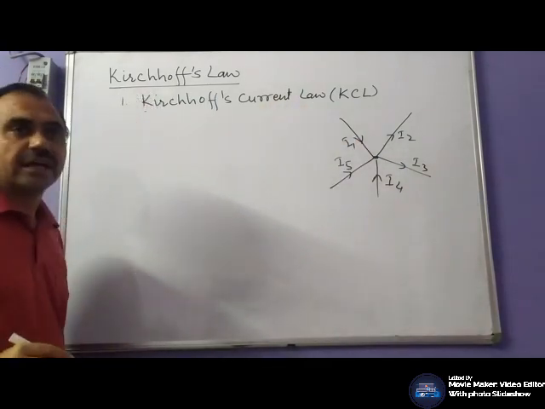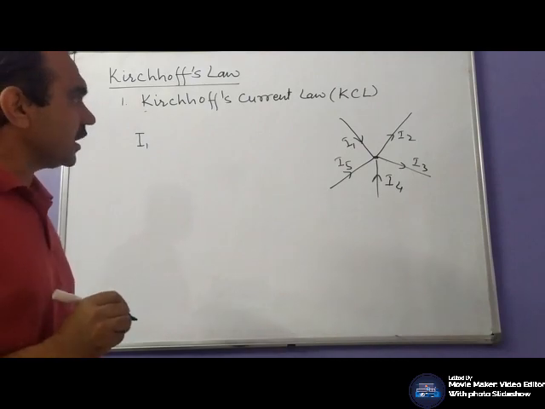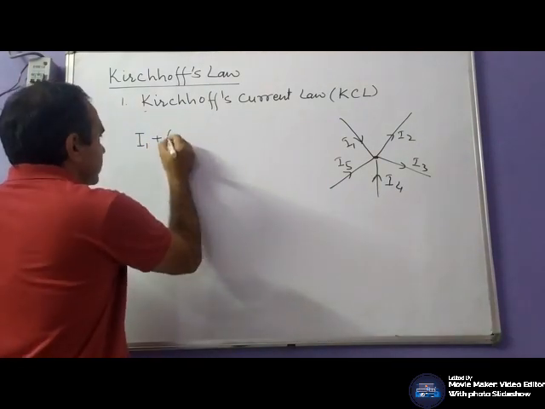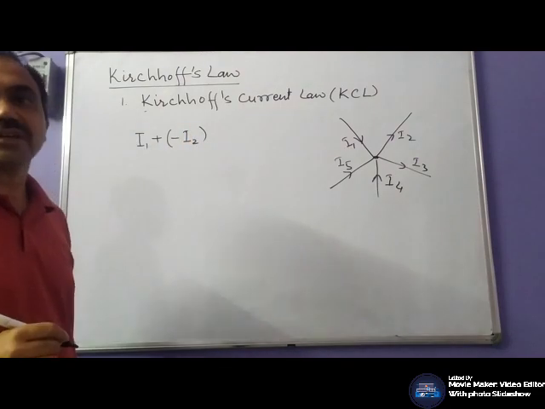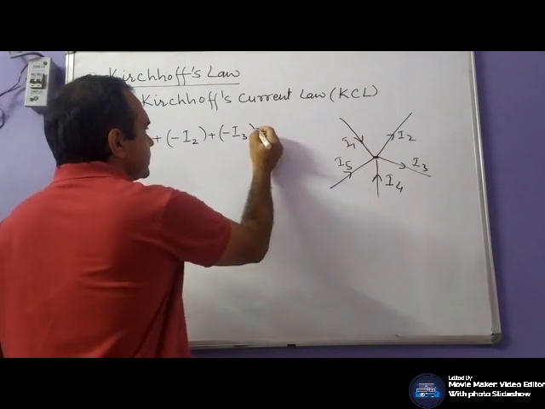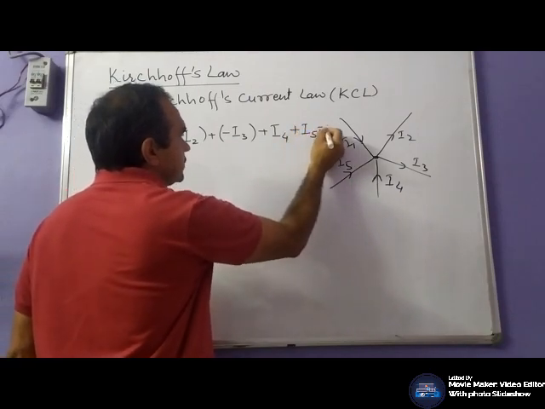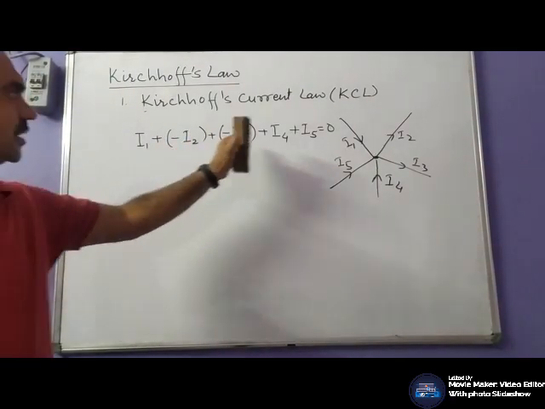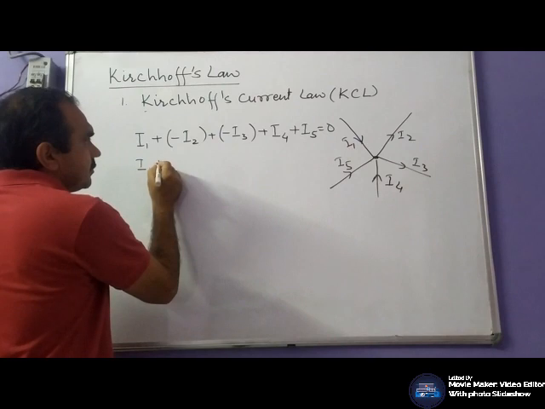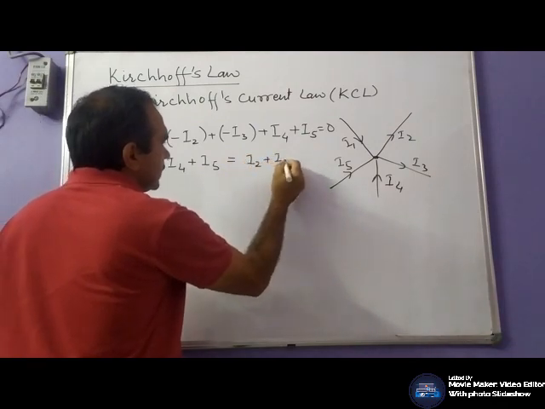So the first current is I1. We have considered the current moving towards the junction as positive, plus I1, I2 is going away, so we have mentioned it as minus I2, I3 away, minus I3, plus I4, plus I5 is 0. This law states the algebraic sum of currents meeting at a point is 0, or I1 plus I4 plus I5 equals I2 plus I3.